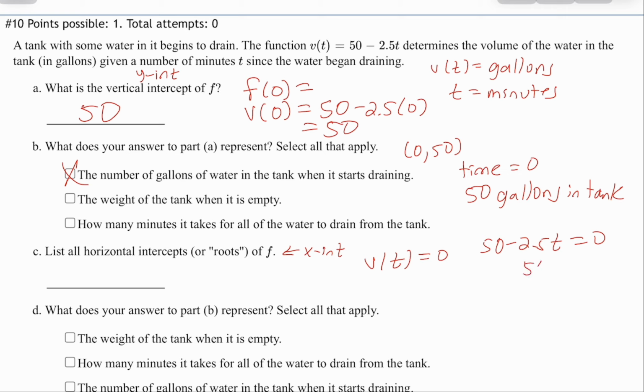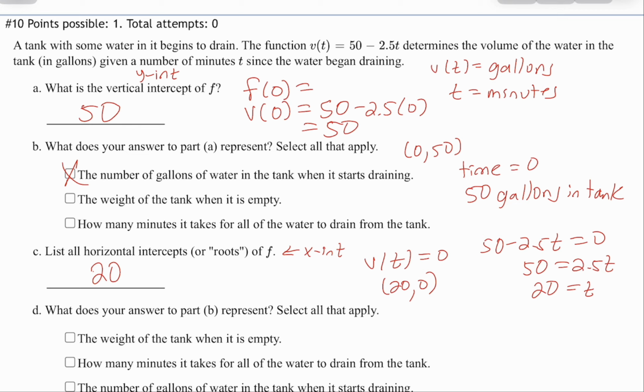So we're going to solve 50 equals 2.5t. 50 divided by 2.5 is 20. So it is 20. They should be of the form (20, 0). So at the 20-minute mark, we have 0 gallons.